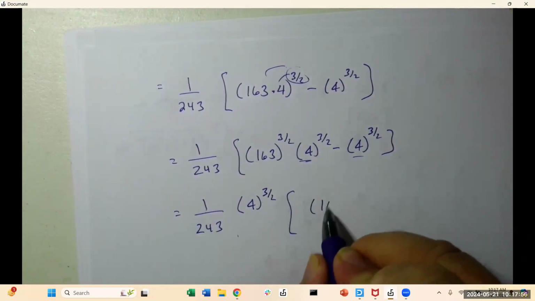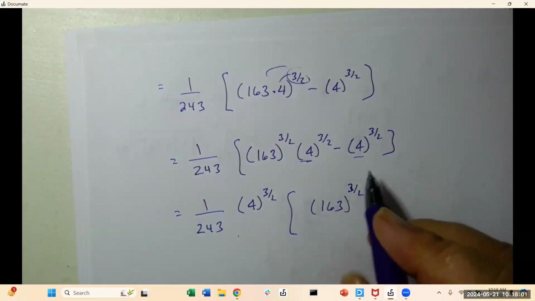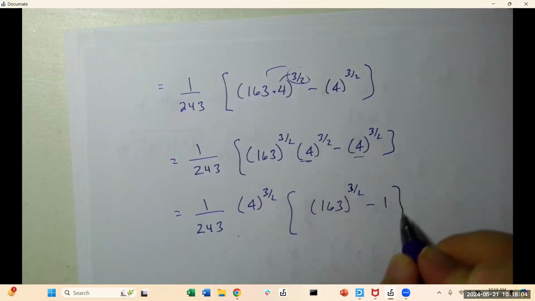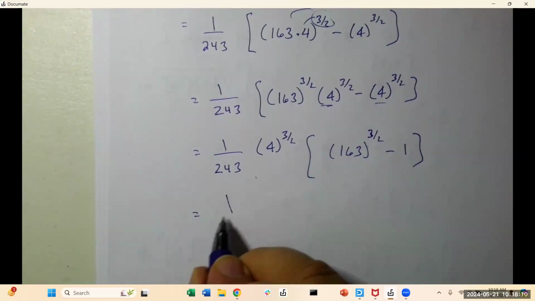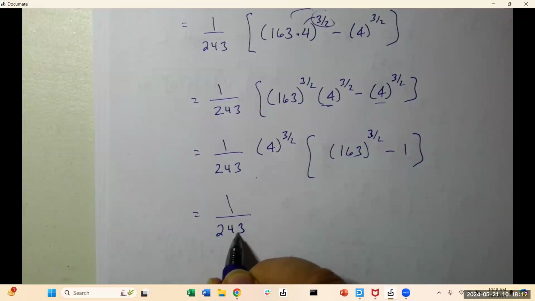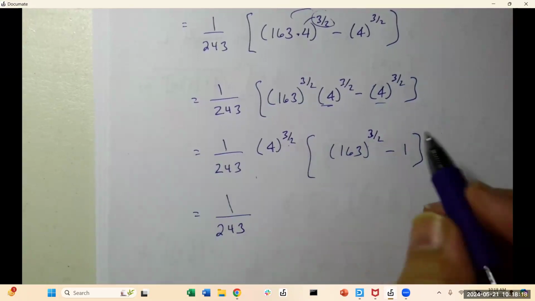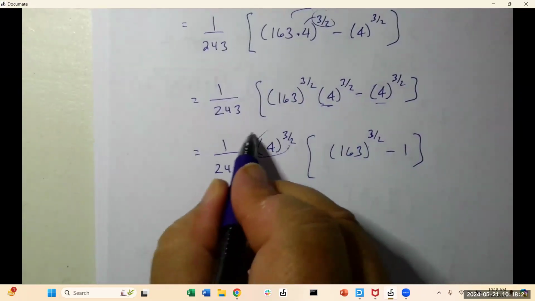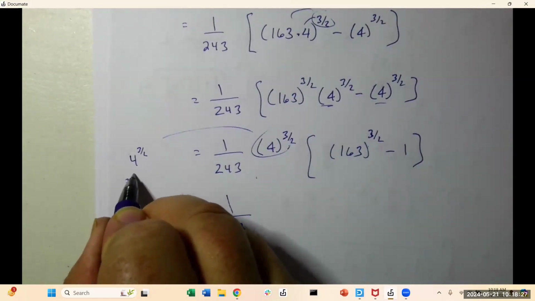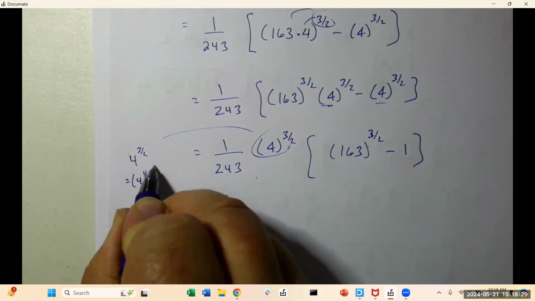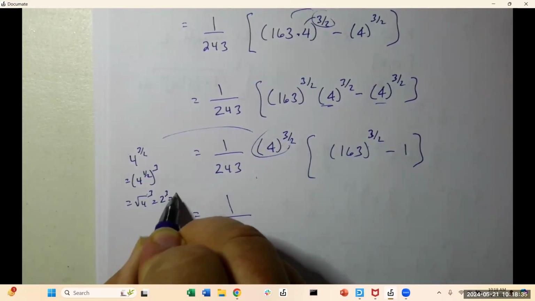So I got 163 to the power 3/2, minus 1, because that one factors out. Look at this one: 4 to the power 3/2 is 4 to the power 1/2 cubed. So the square root of 4 is 2, cubed is 8.